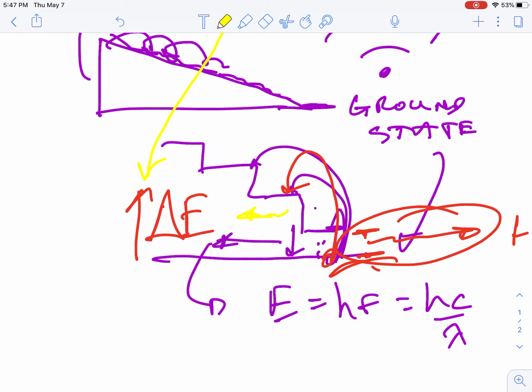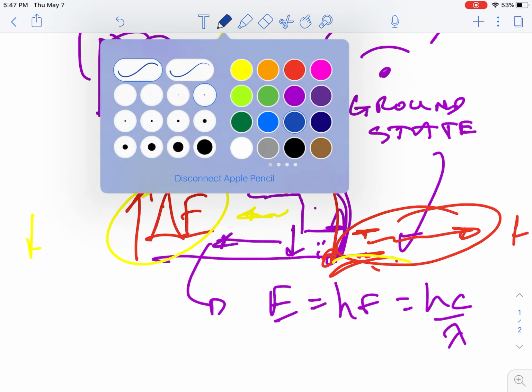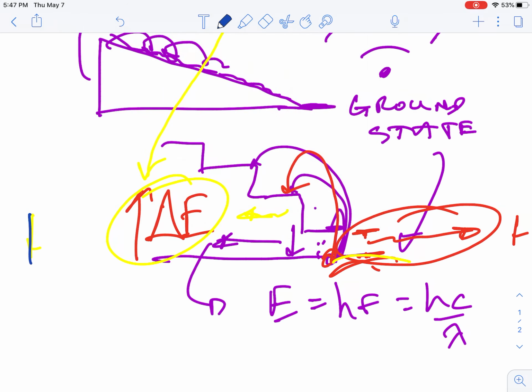So this is the main idea: these electrons can only exist in quantum states. They're at the ground level, they move up, and the bigger the jump, the bigger the change in energy, the shorter the wavelength and the higher the frequency.